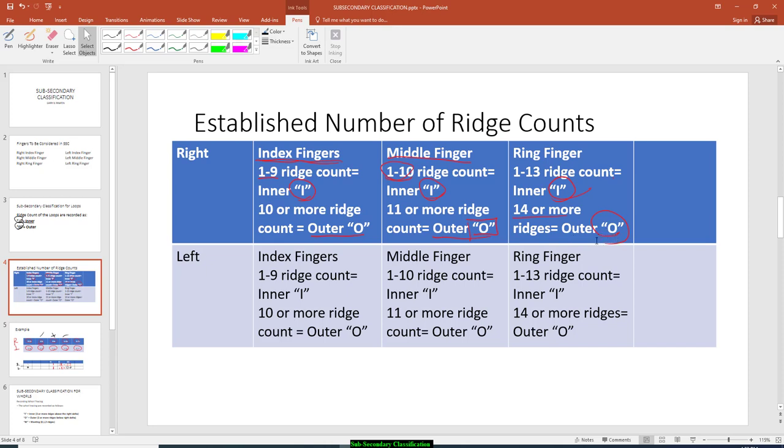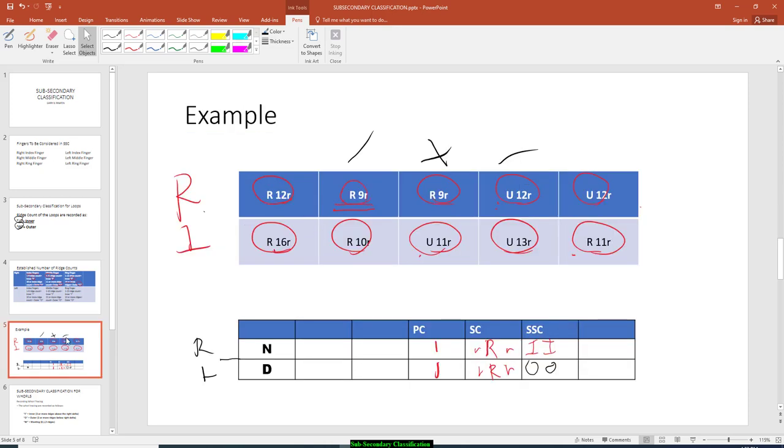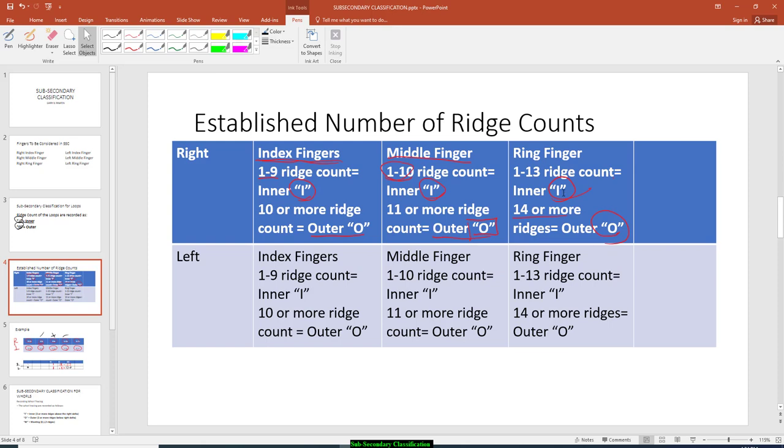Okay, so let us try. We have here the ring finger for the right hand is 12 ridges. So it will still fall here.